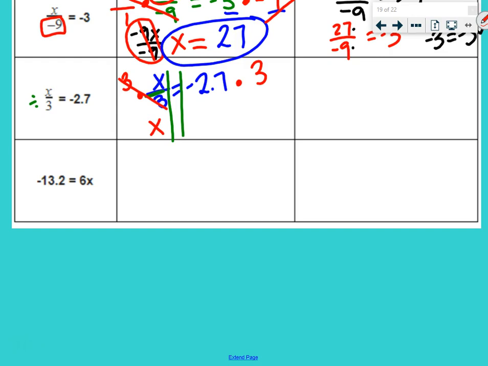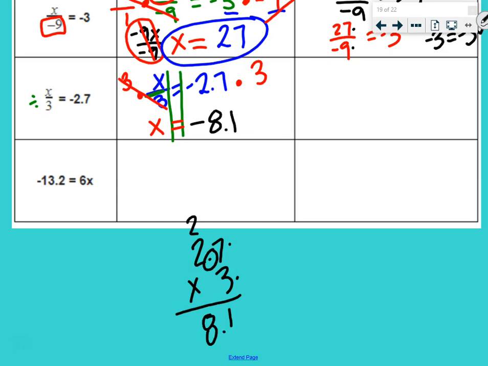We're left with 1x equals negative 2.7 times 3. A negative times a positive is a negative. 2.7 times 3. 7 times 3 is 21. Carry the 2. 2 times 3 is 6, plus 2 is 8. We have a decimal point in our problem. We need one decimal point in our answer, so we get negative 8.1.